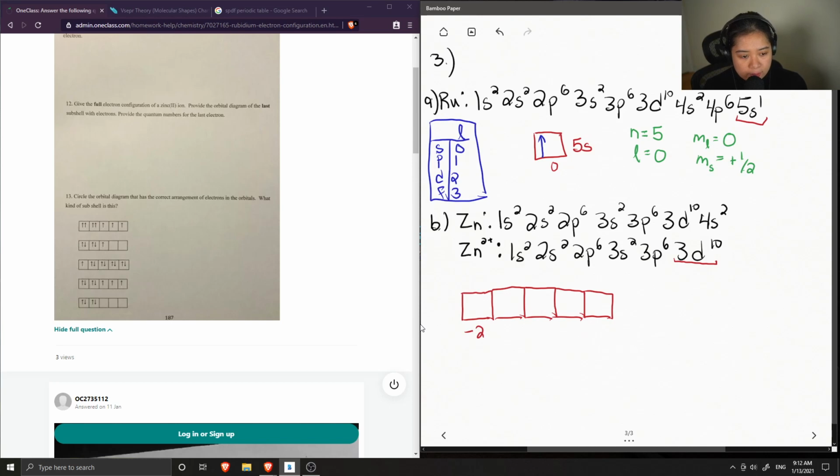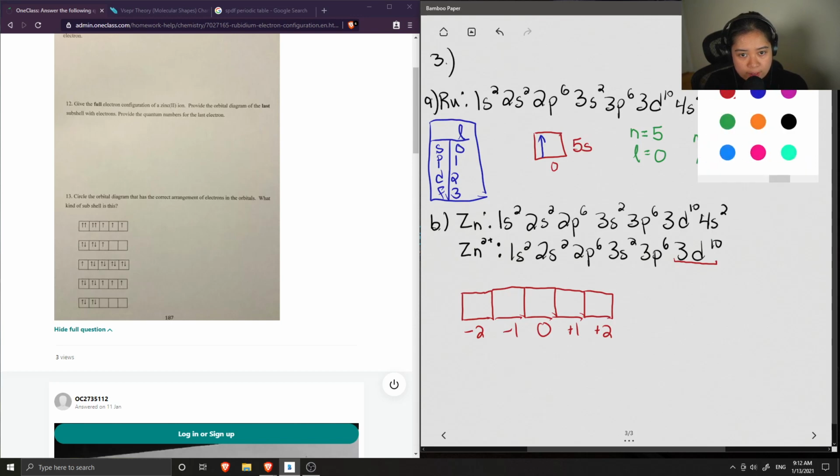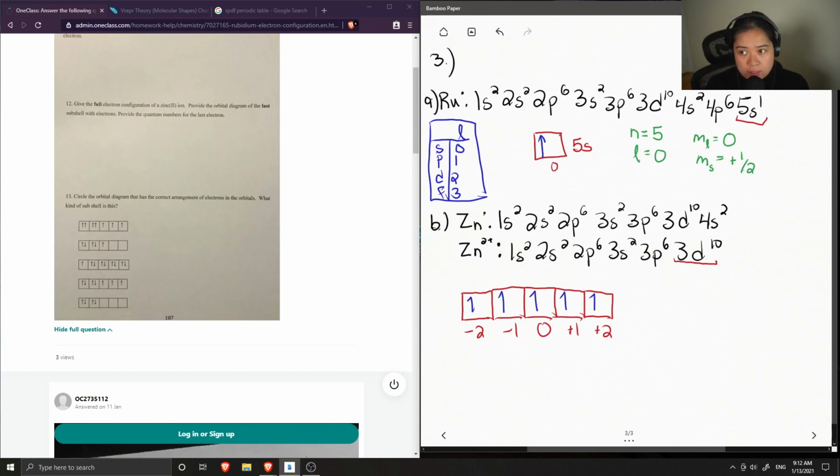And these ML numbers range from -2 to +2. And if we had 10 electrons then the whole thing would be filled. So let me show how one would fill in the electrons. We have them all spinning up first, and then when we start to fill in the rest is when we would spin down.